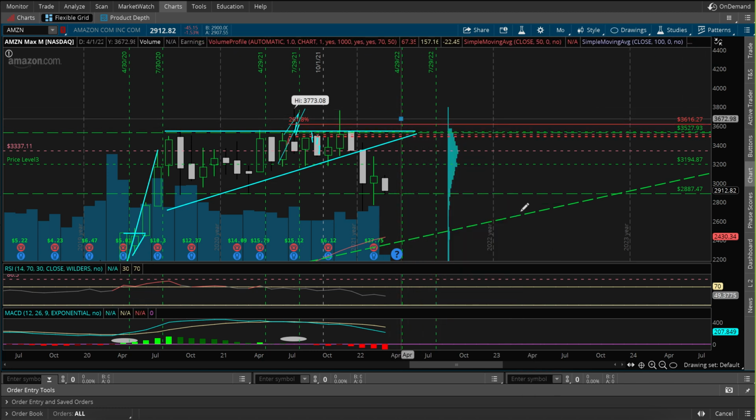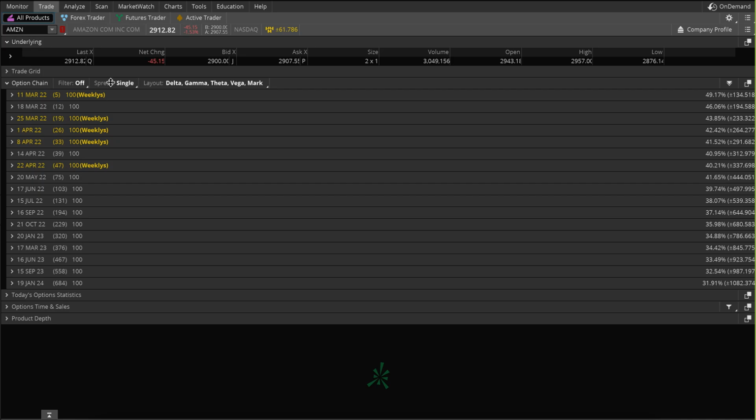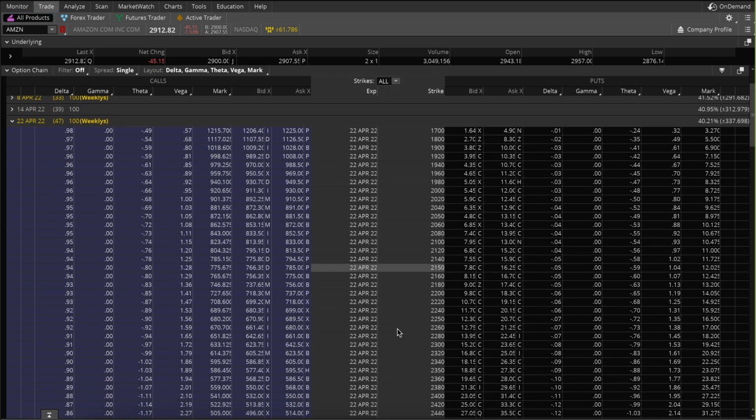I'm gonna put a little oval right here, and then we're gonna find something around that time frame. We got a 22 April one and 20 May. So let's just go with the 22 April one.